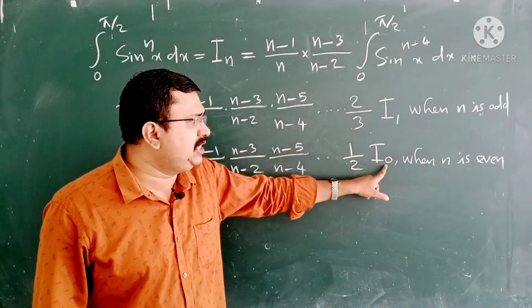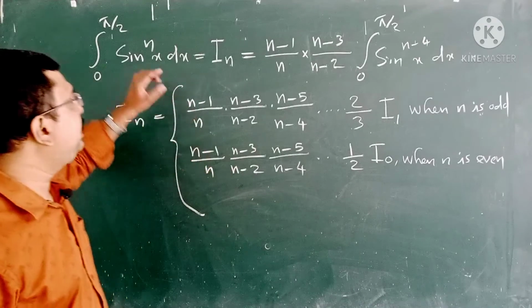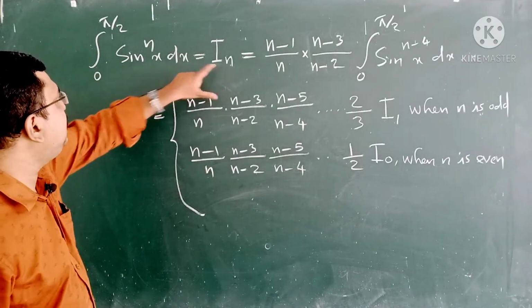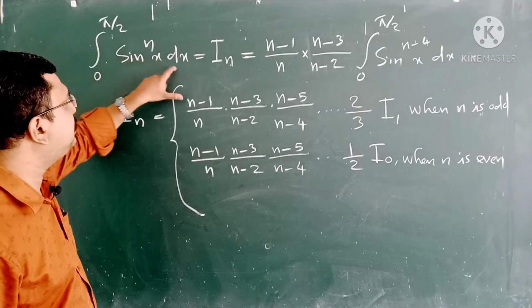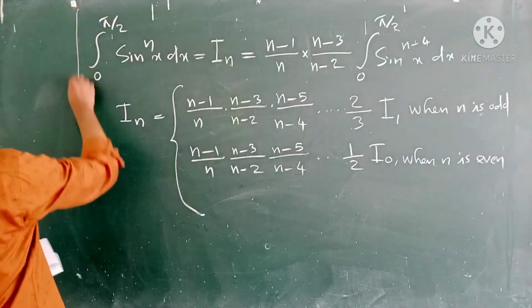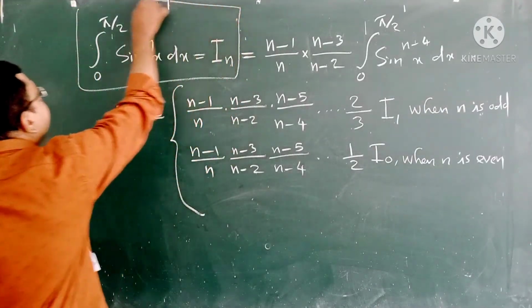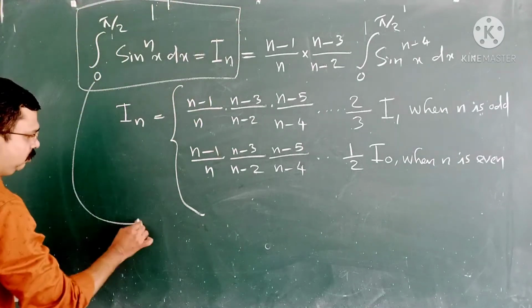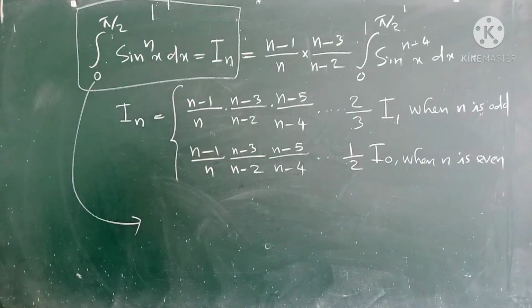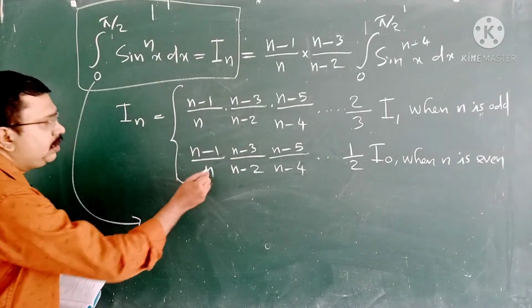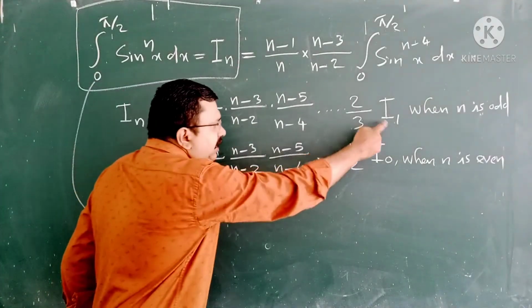Now we want to find out what is I1, what is I0. We know that In is equal to integral 0 to pi by 2 sin^n x dx. From this equation we can find out I1 and I0.